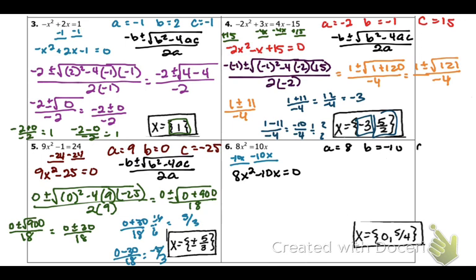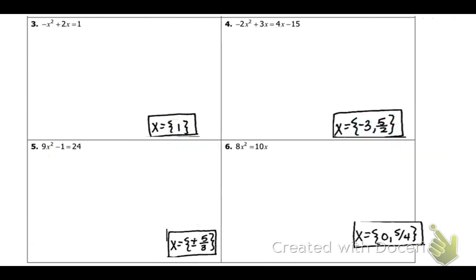But your C this time is 0, because that's your A, that's your B, and you don't have a C, so it's 0. So you're going to substitute this into the formula of negative B plus or minus the square root of B squared minus 4AC all over 2A, and then it'll give you 0 and 5/4.